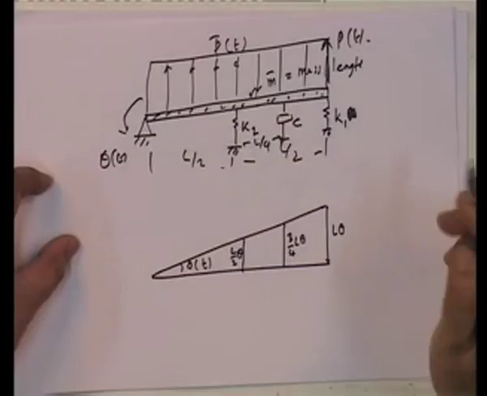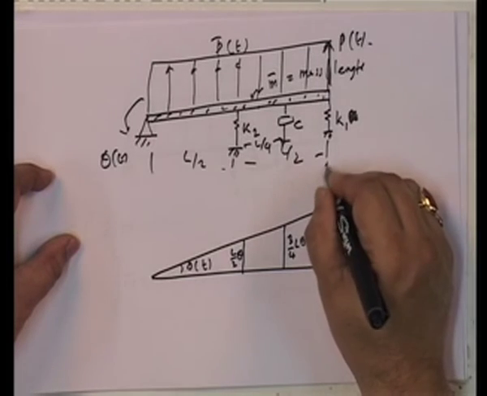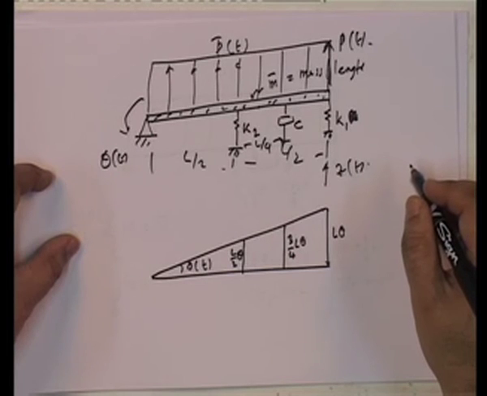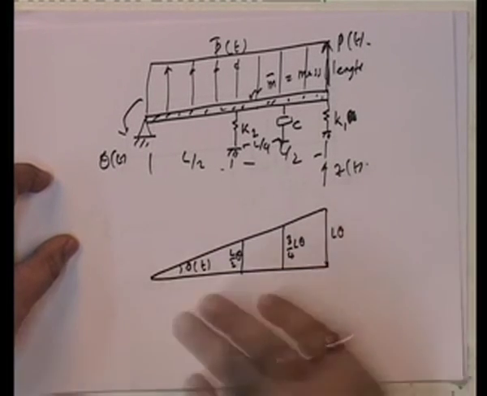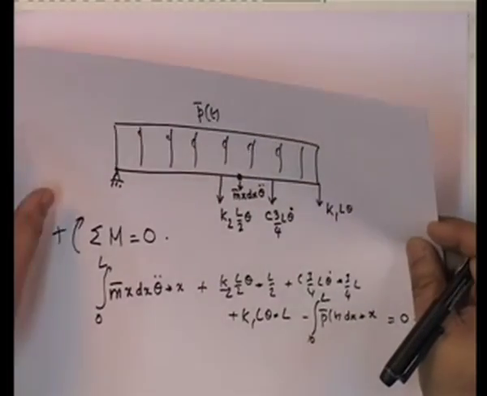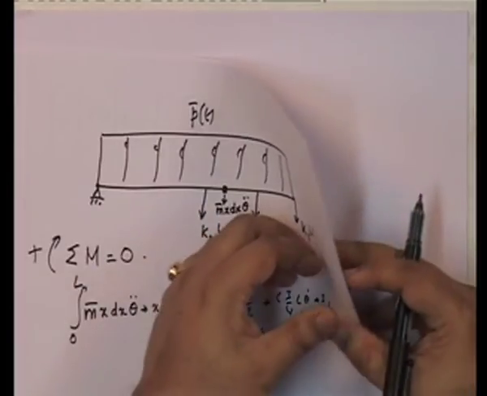Okay. Now let us write this same problem. I am going to take the same problem that I have looked at, and instead of theta as my degree of freedom, I am going to say that the displacement of this tip is my degree of freedom. So, same problem, except that I am defining my degree of freedom differently.